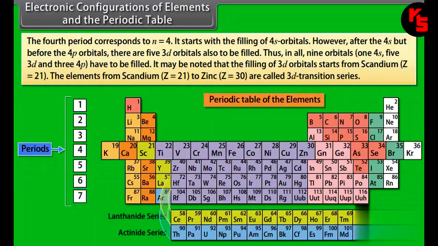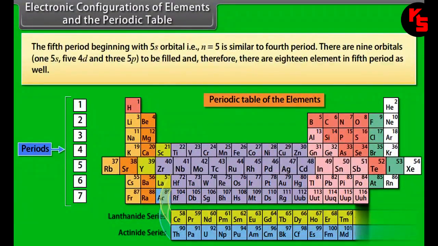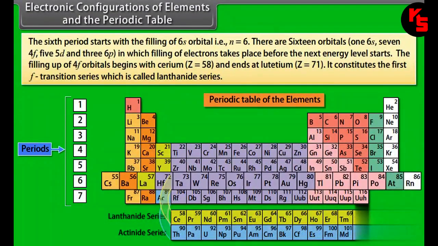The elements from scandium, atomic number 21, to zinc, atomic number 30, are called the 3d transition series. The fifth period, beginning with the 5s orbital, that is, n equals 5, is similar to the fourth period. There are 9 orbitals, one 5s, five 4d and three 5p, to be filled, and therefore there are 18 elements in the fifth period as well. The sixth period starts with the filling of the 6s orbital, that is, n equals 6.